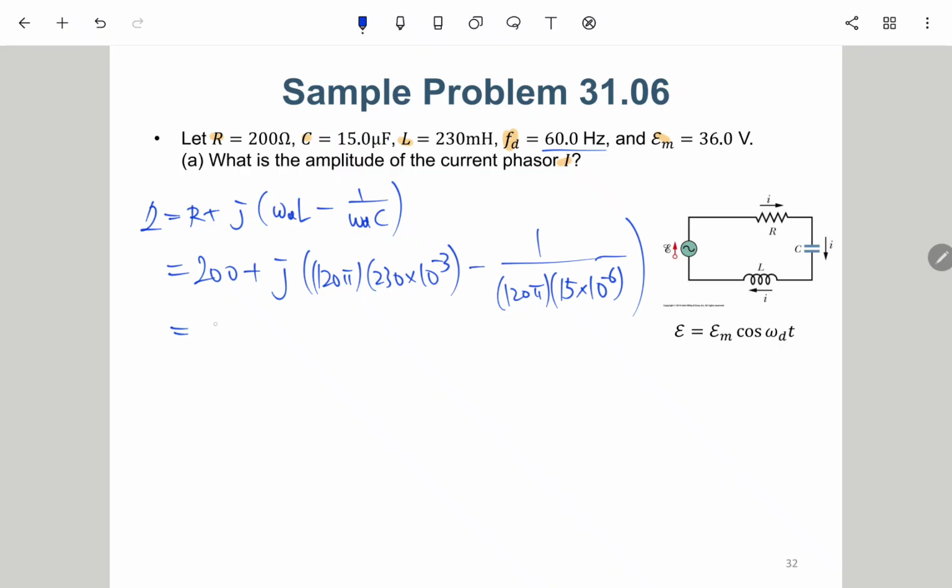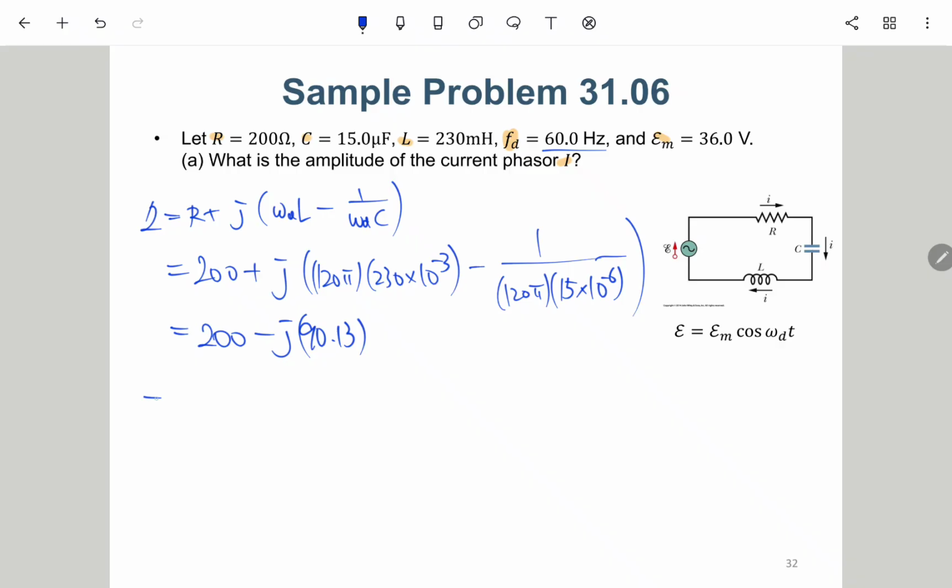Actually, you can just press the calculator to find that out. This is actually 200 minus J 90.13. So it turns out to be a complex number, which is not that difficult to handle, at least compared to solving the ODE. Maybe for some calculators you can just let the calculator compute the complex number for you.